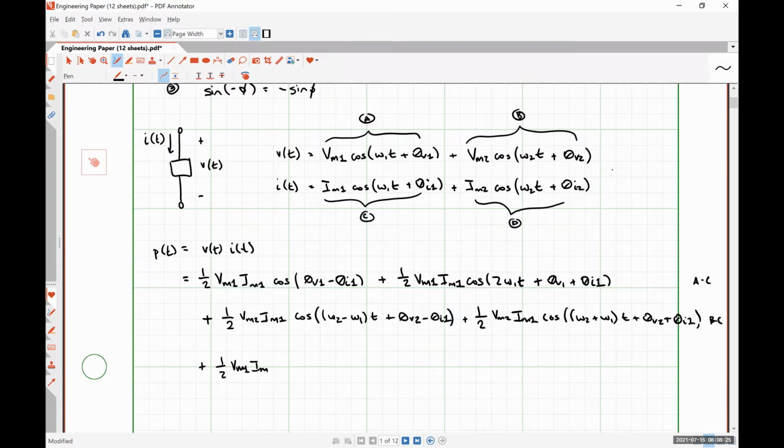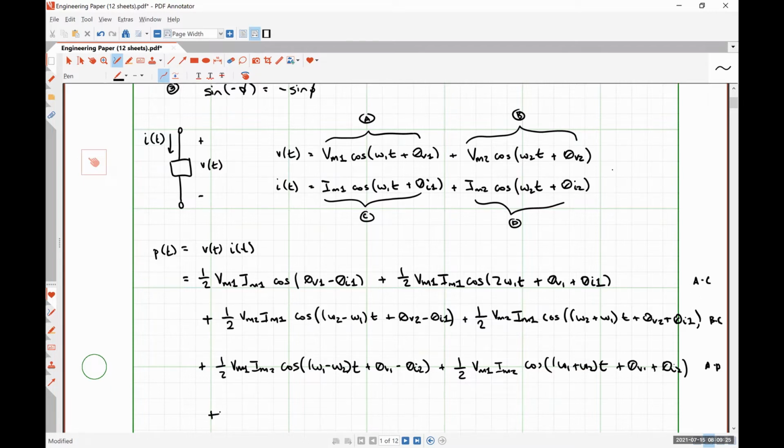The previous term should have been Im1; when I was multiplying B times C, I had Vm2 Im2, and that would be B times D. So, multiplying A times D, that's 1/2 Vm1 Im2 cosine of omega 1 minus omega 2 t plus theta V1 minus theta I2, plus 1/2 Vm1 Im2 cosine of omega 1 plus omega 2 t plus theta V1 plus theta I2. So that was A times D.